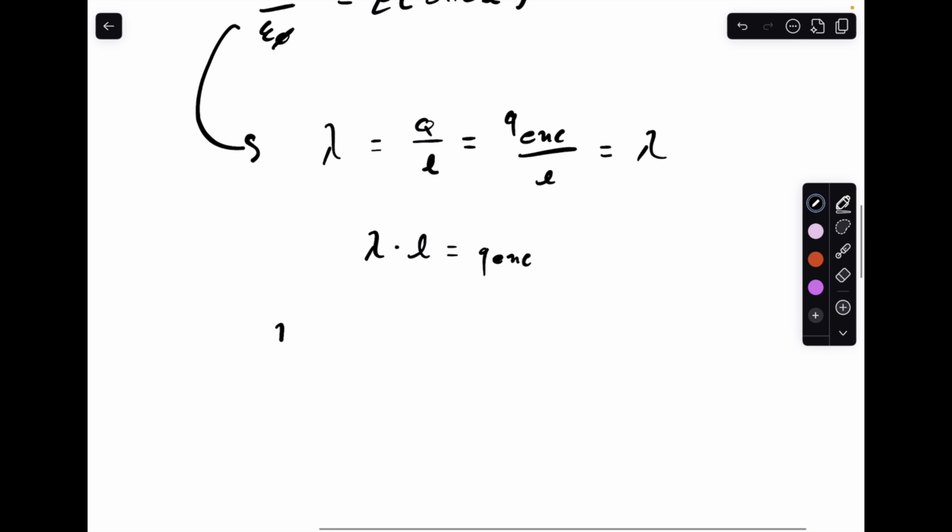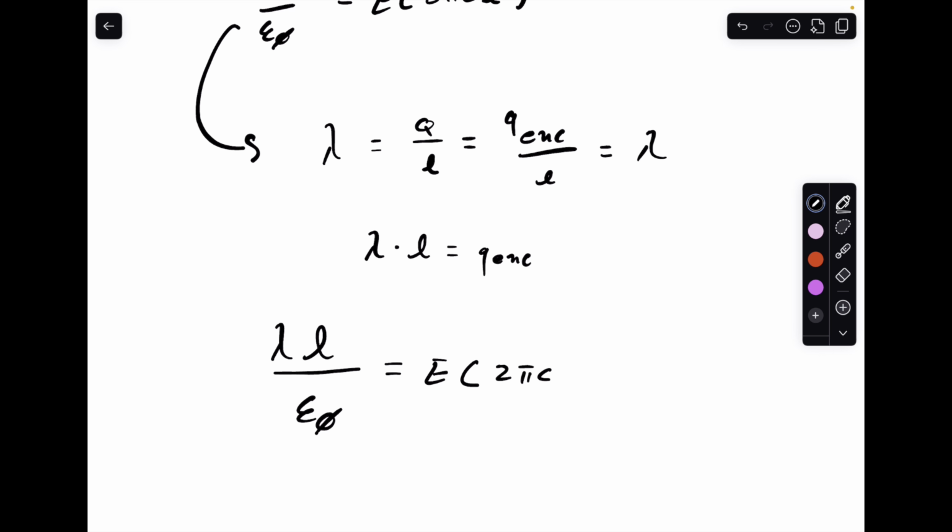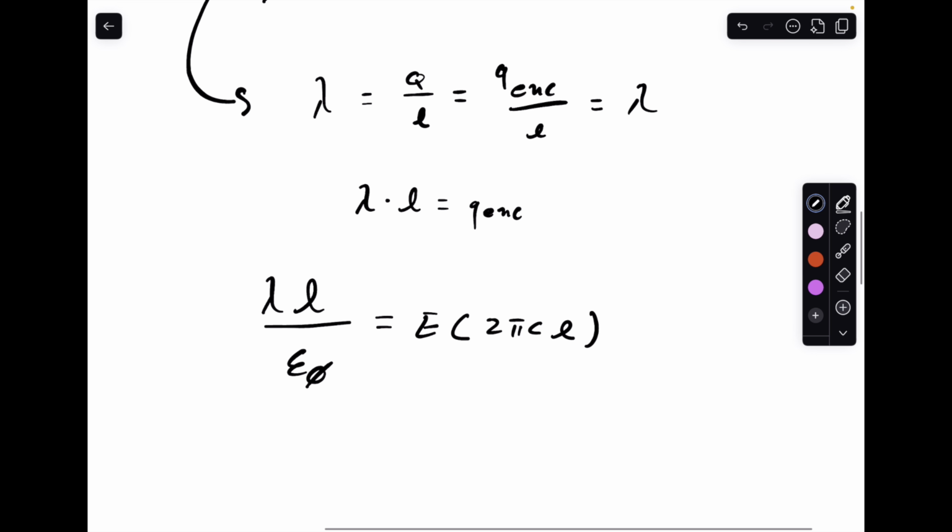So now I'm going to say lambda times L, right, subbing in for that Q enclosed, divided by epsilon naught equals E 2 pi CL. Now guess what? L is on both sides, so it will cancel.